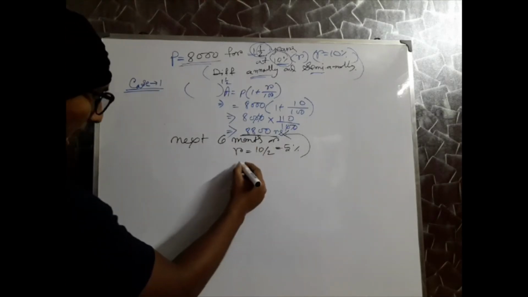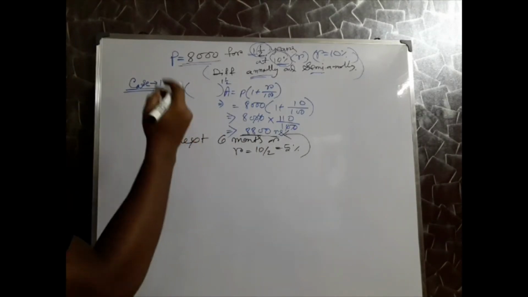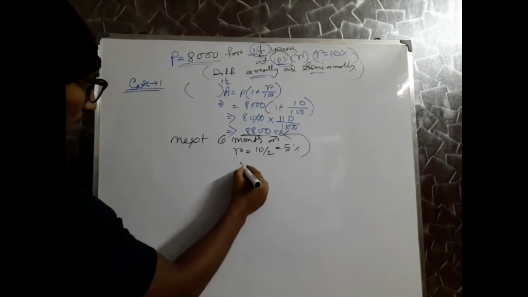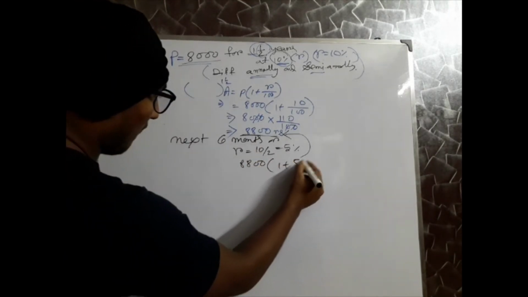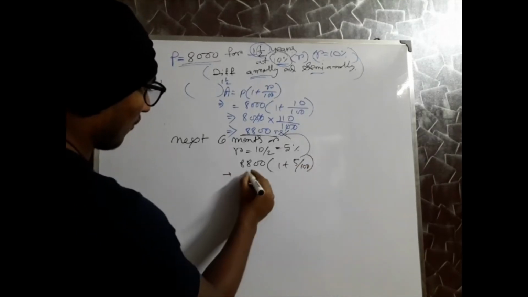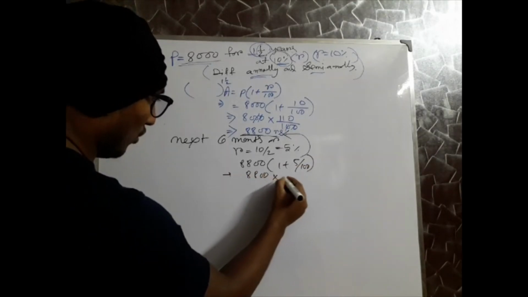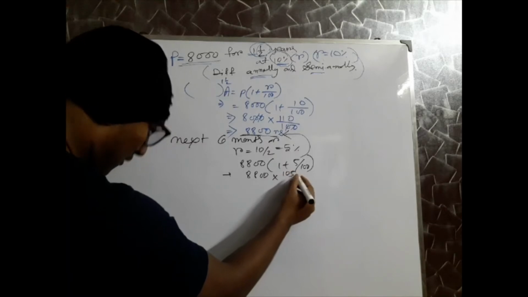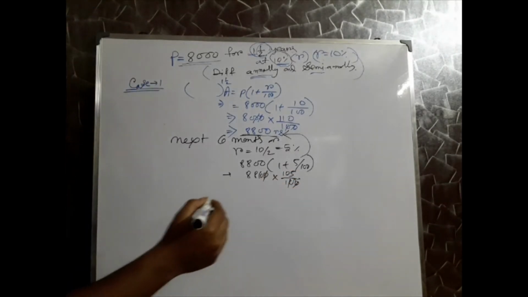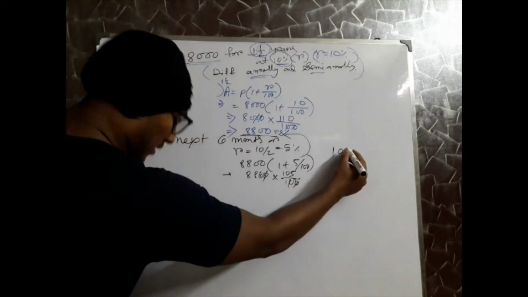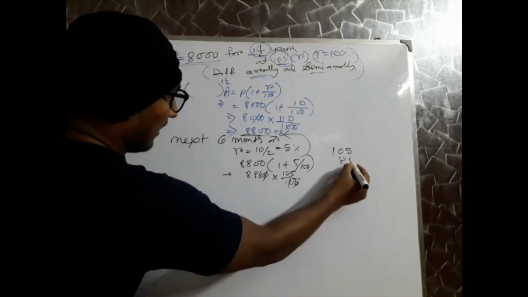So after 1 year and 1.5 years, what will be the amount that you have? 1 plus 5 by 100. So 8800 into 105 by 100. The zeros cancel out. You have to find the multiplication of 105 and 88.